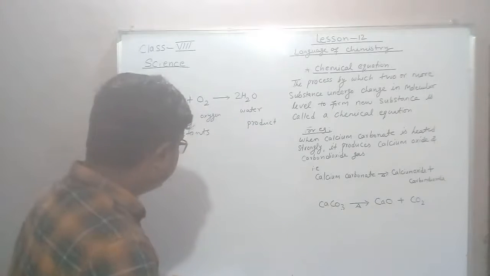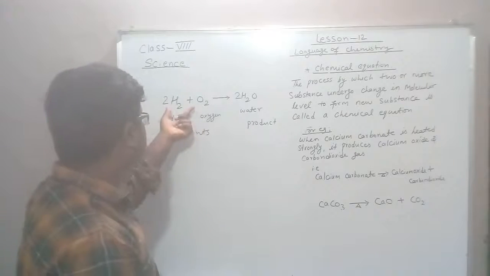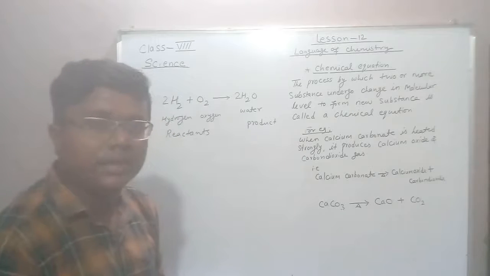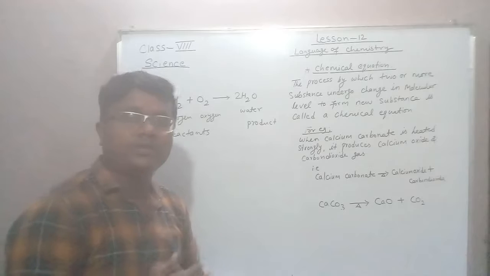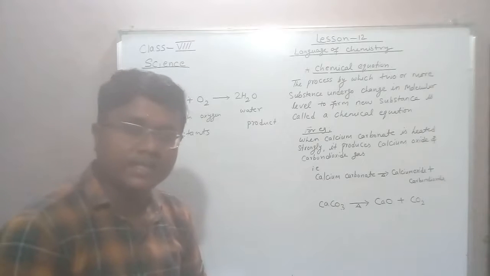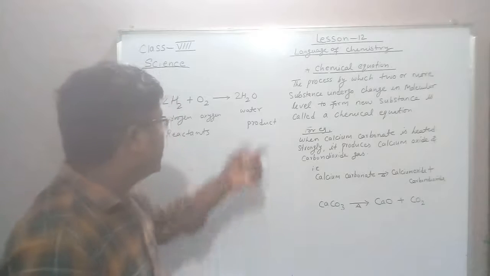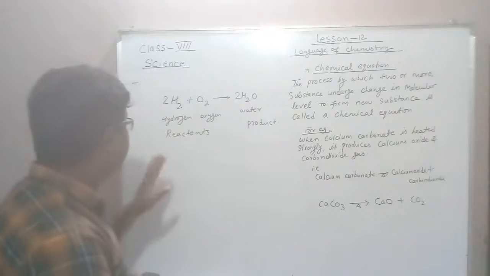Here, two or more molecules that undergo the chemical reaction are called the reactants, and the result that we get when two or more molecules react with each other is the product. Here the product is water.